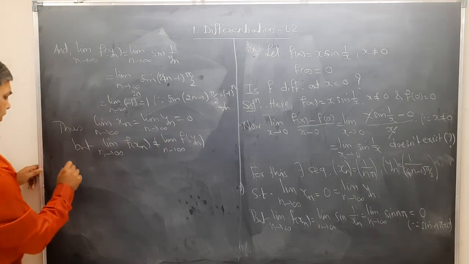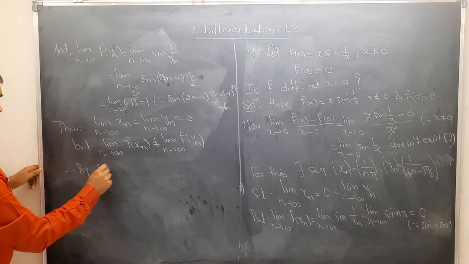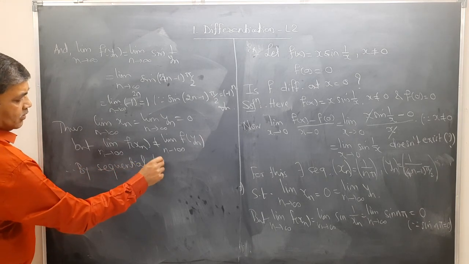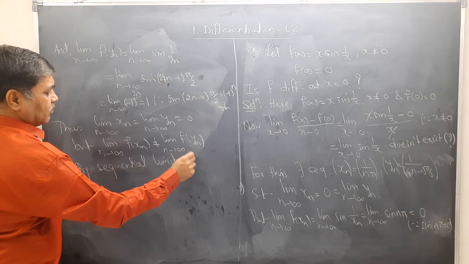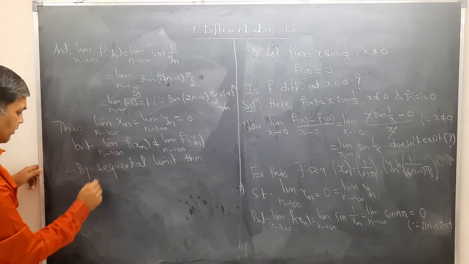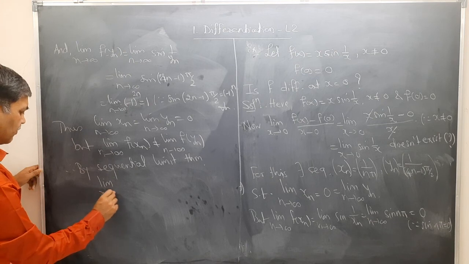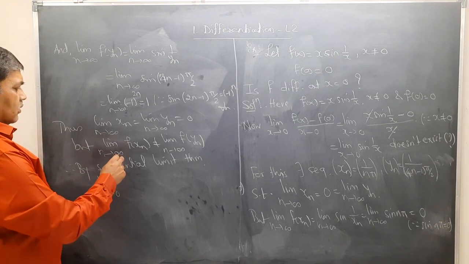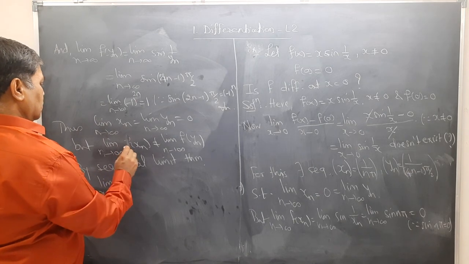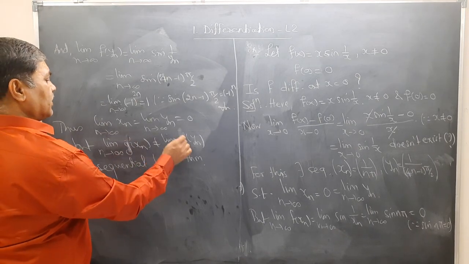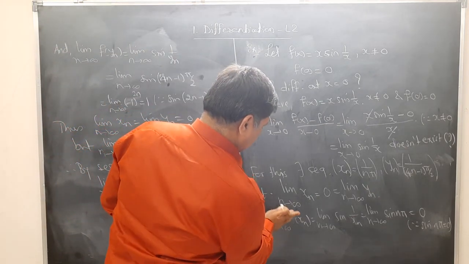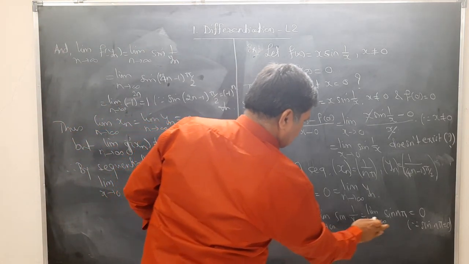And therefore by the sequential limit theorem, the limit as x tends to 0, here I will take g instead of f.